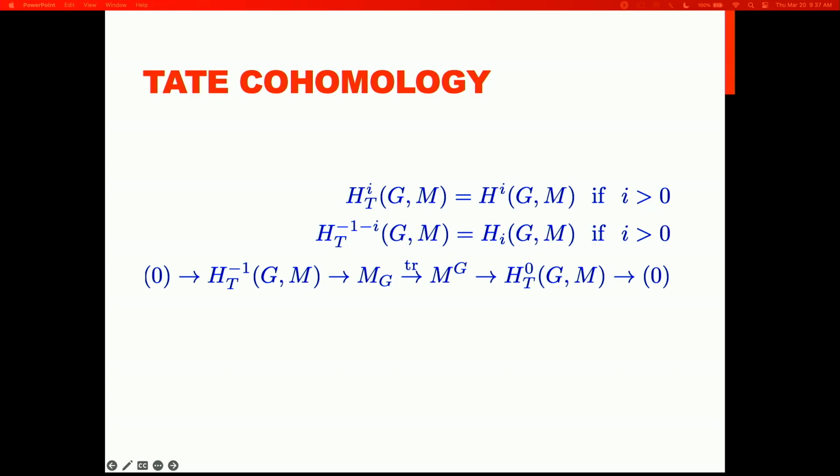In degrees less than -1, the Tate cohomology equals the homology. And in degrees 0 and -1, you get, respectively, a slight modification of the usual zeroth cohomology or zeroth homology described by the exact sequence at the bottom of that screen.